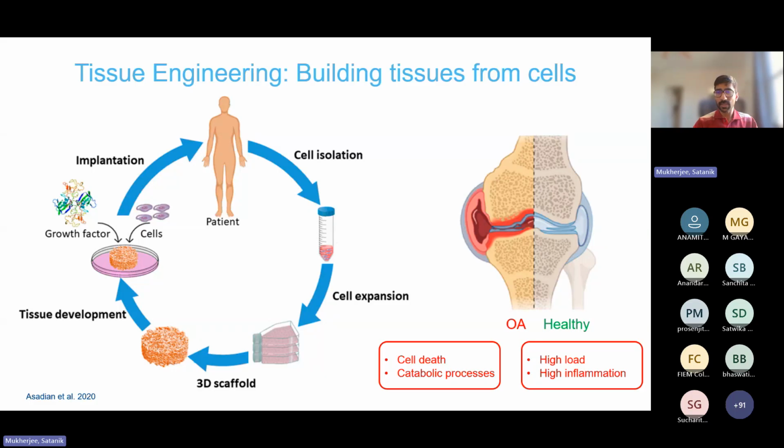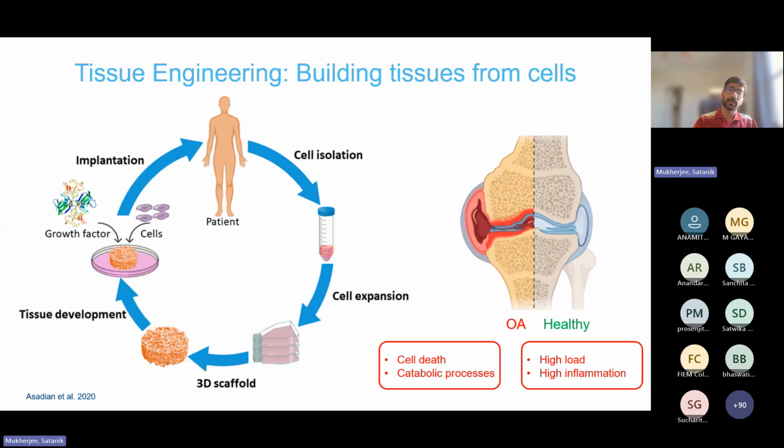But in the context of cartilage regeneration, especially in osteoarthritis, when you implant this tissue-engineered cartilage back into the osteoarthritic joint, because there is high load and high inflammation in these joints, a lot of these tissue engineering strategies do not work very well, because the high mechanical load and high inflammatory environment start killing the cells that you are implanting back in the defective joint.